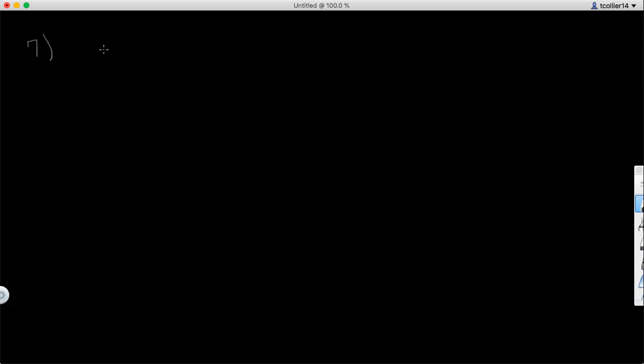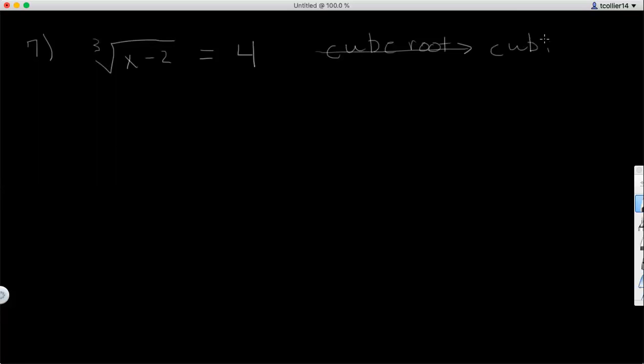So number 7 says the cube root of x minus 2 is equal to 4. So here I actually have a cube root. And what we can do is we can get rid of that cube root by cubing both sides.